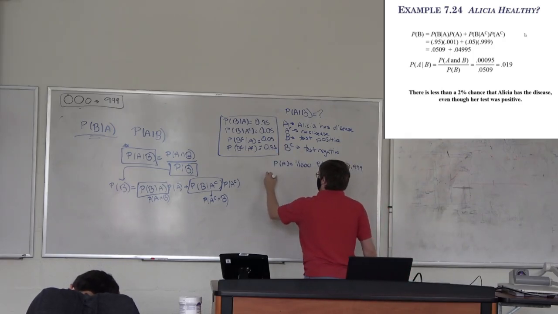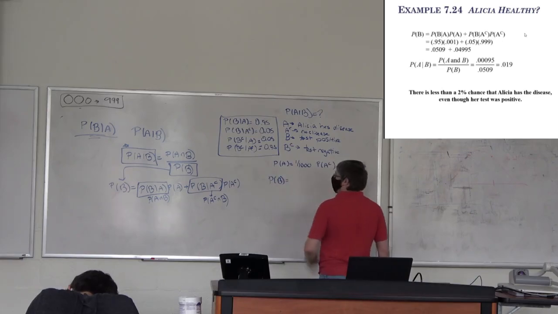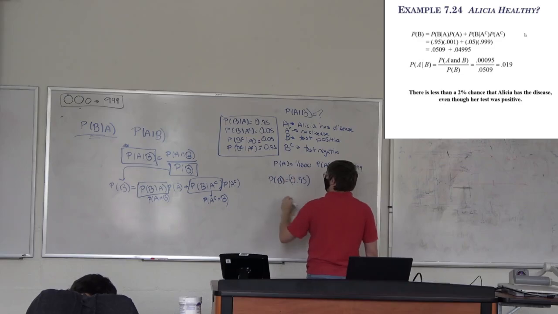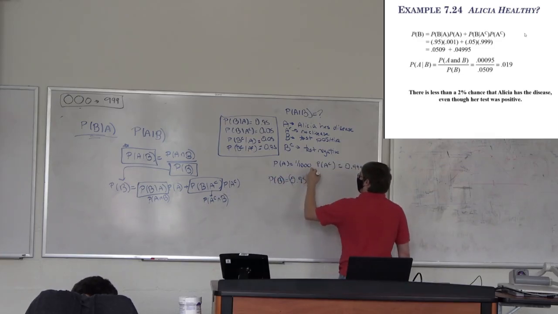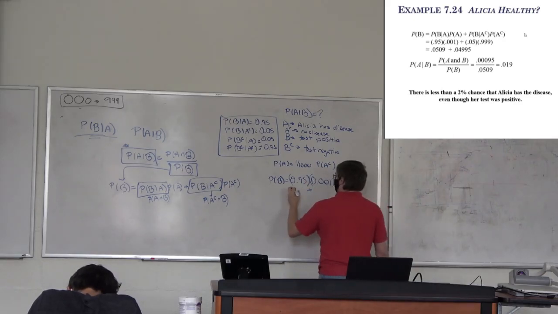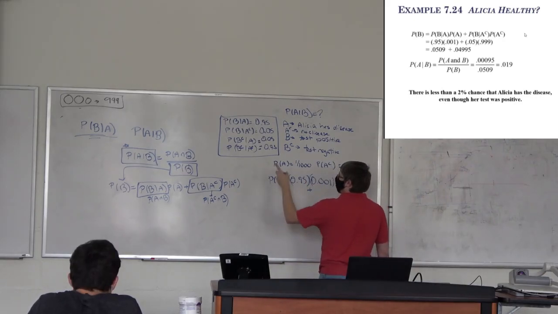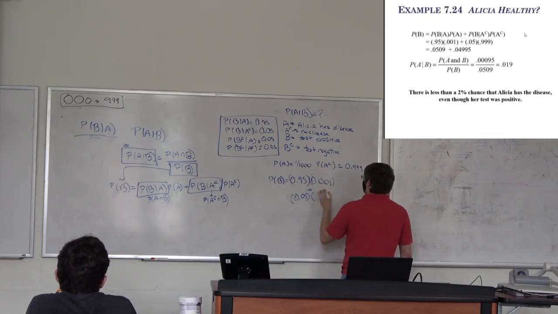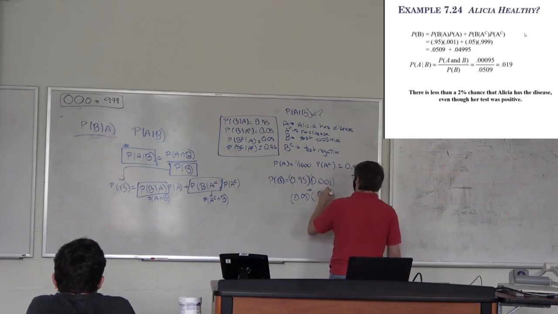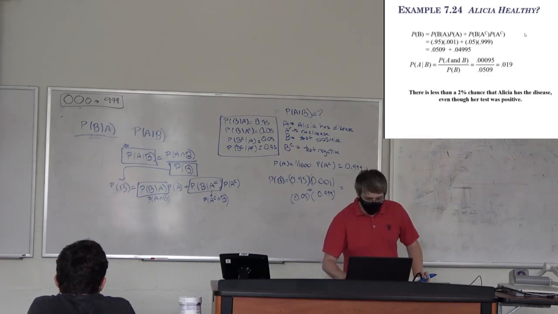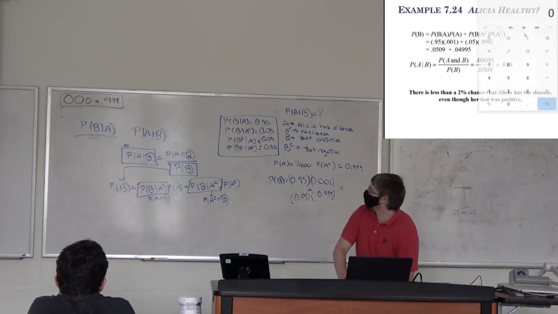And so we can figure out what P of B is. So B given A is 0.95, and then P of A is 0.001, plus B given A complement, which is 0.05, multiplied by A complement, which is 0.99. And so just what they have here, I'm going to bring up a calculator real quick.